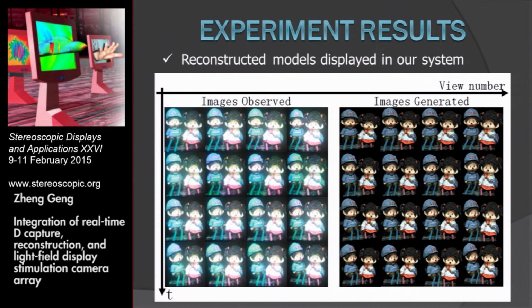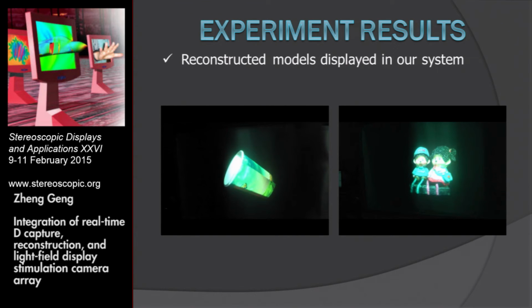And here is the demonstration of our reconstructed model displayed in our system. You can see the dynamic. We just pick four perspective views of the rendered and displayed object. And here are two demonstrations.